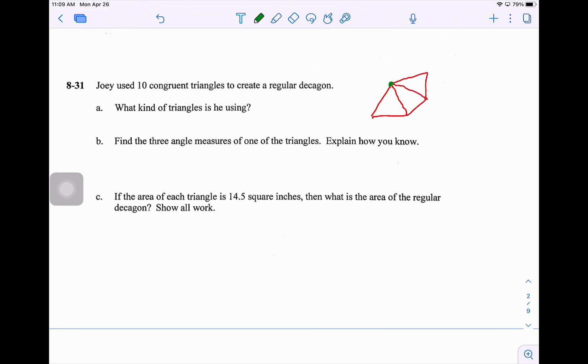So if you are drawing lines from the center to the corner points, what's happening here is, if I draw in this line, and then I go from the center to a different corner point, a different vertex, does it make sense to you that those two distances have to be the same?